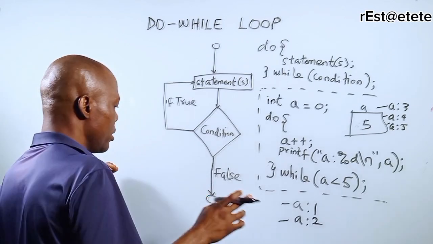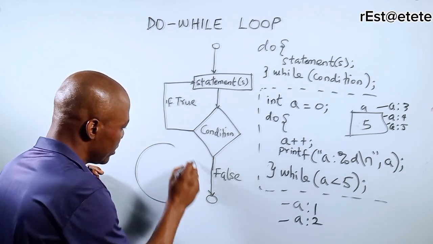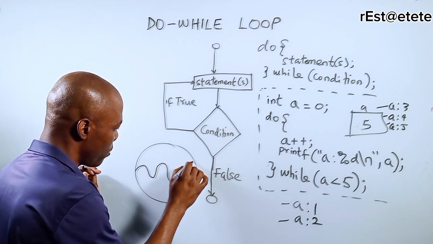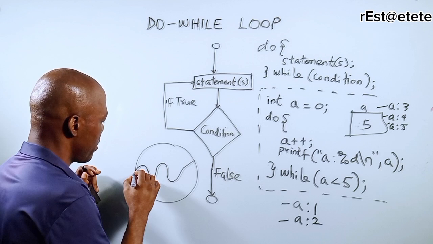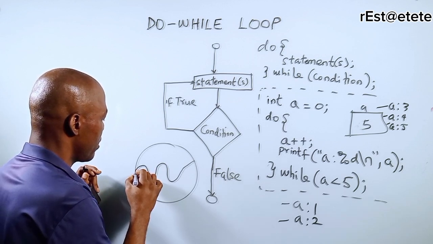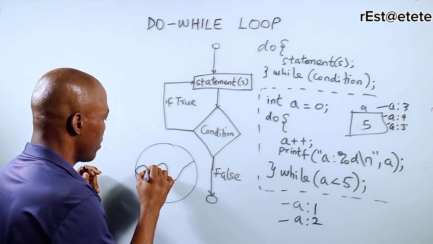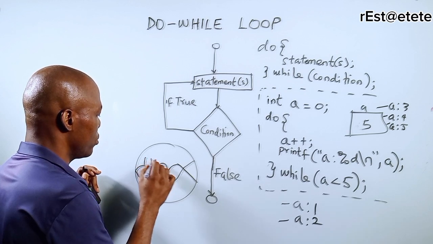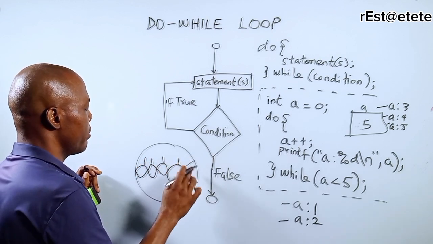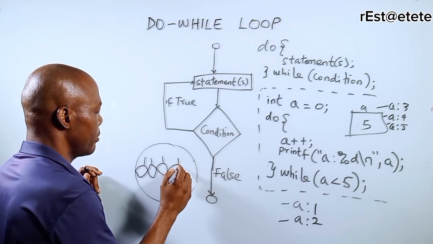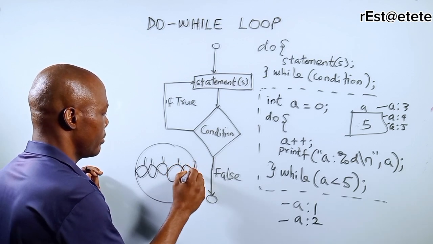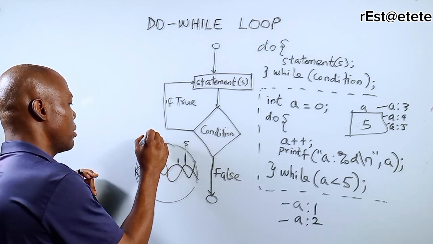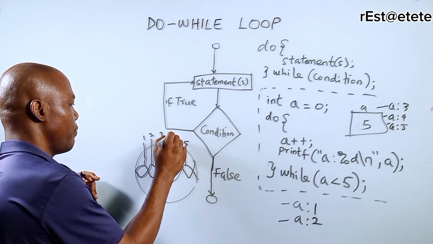And I told you, iteration is like you are having this, and then you are having 1, 2, 3, 4, 5.